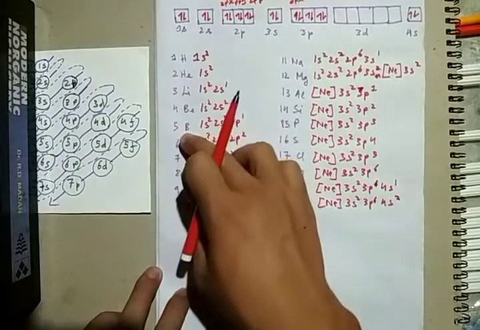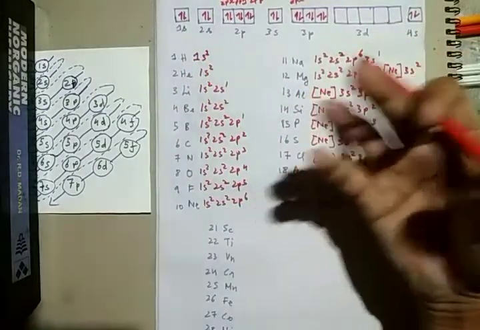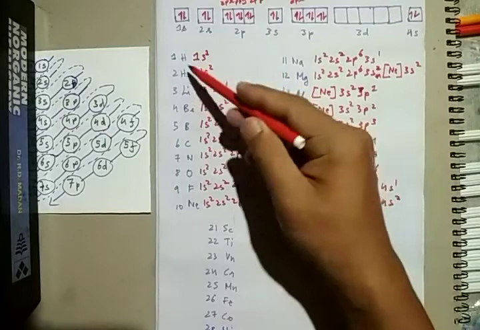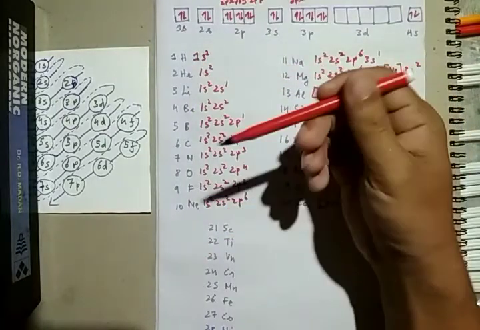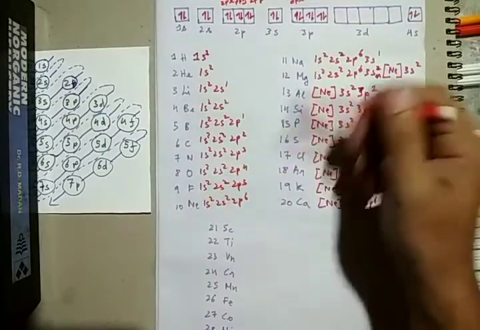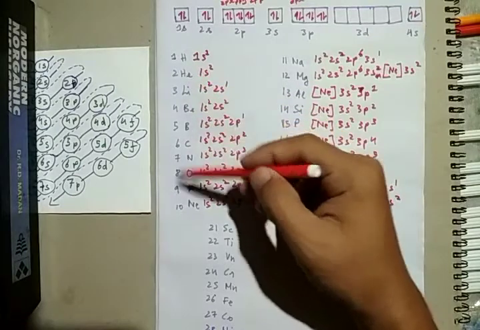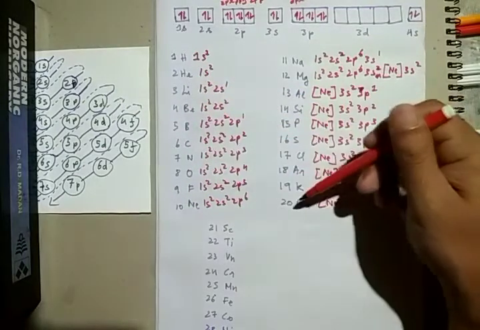Atomic numbers 1 to 20 are important. You should memorize these, firstly up to 1 to 20.